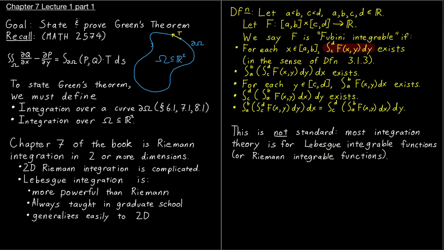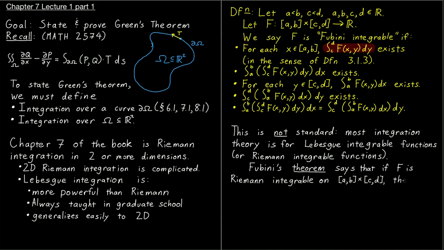And then the reason why I'm naming this form of integrability after Fubini is that Fubini's theorem says that if f is Riemann integrable, which I haven't defined for you and I'm not going to, but people did do a lot of math about it, Riemann integrable on the rectangle, then you can do iterated integrals in either order.